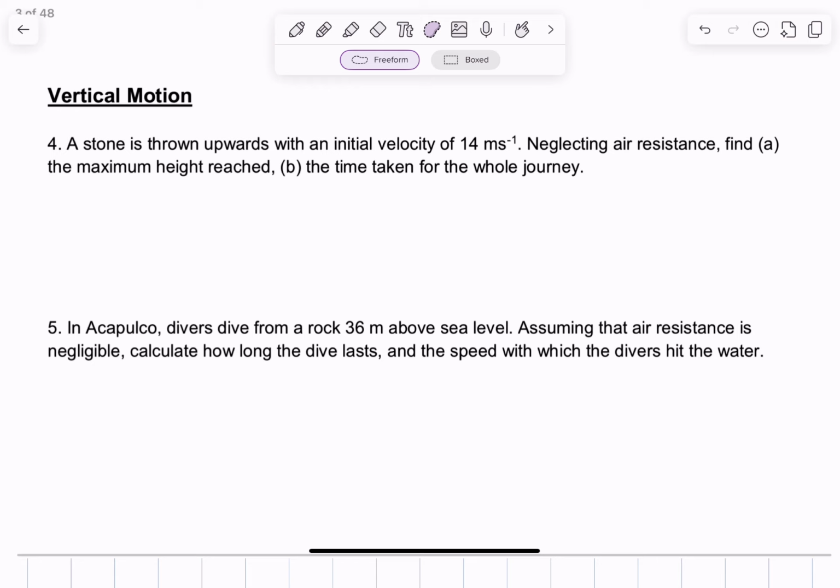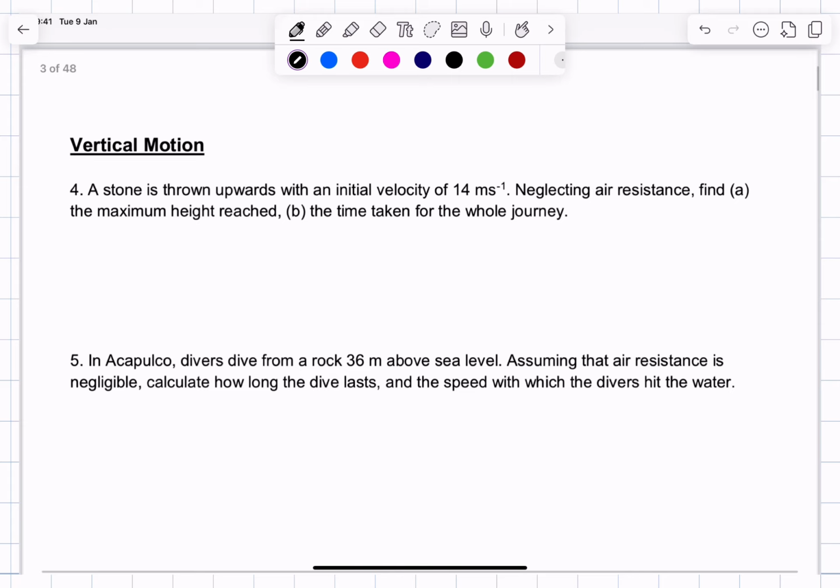Mehwish, Amber, I need answers. So time is 1.4 second. Maximum height reached is 10 meters. Time is 1.4.